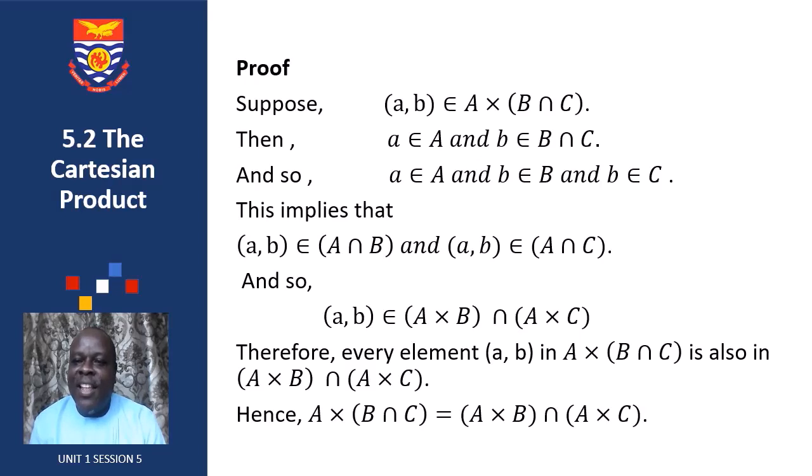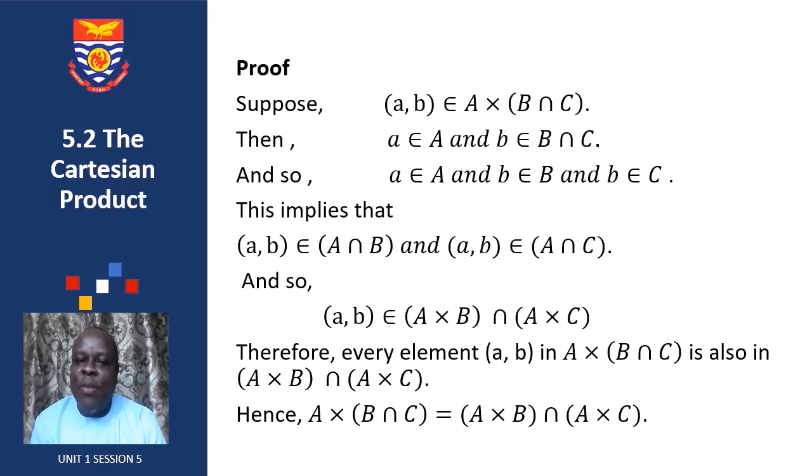Therefore, every element in the ordered pair (a, b) that can be found in A cross (B intersection C) can also be found in (A cross B) intersection (A cross C).